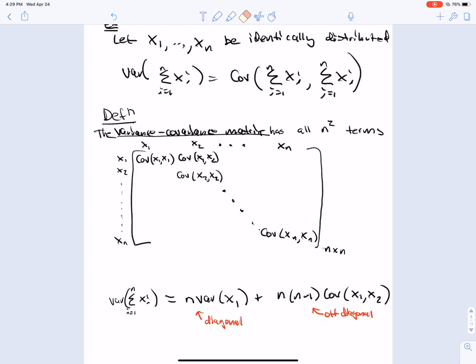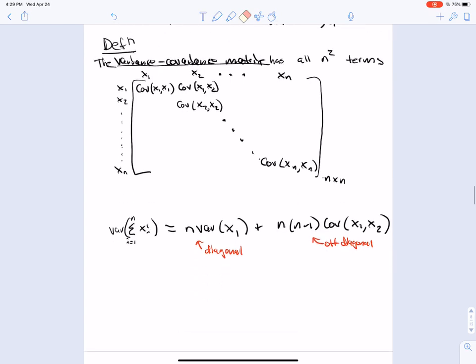And the diagonal elements of this variance covariance matrix are variances, and the off diagonals are true covariances. And so we can write this as n times the variance of x1 because all the variances are the same, and n times n minus 1 covariance x1, x2 because all the off diagonal true covariances are the same.